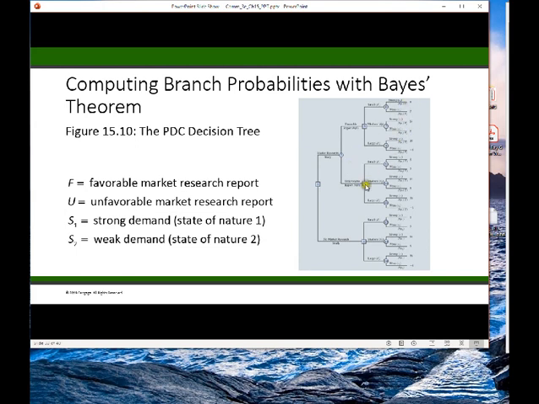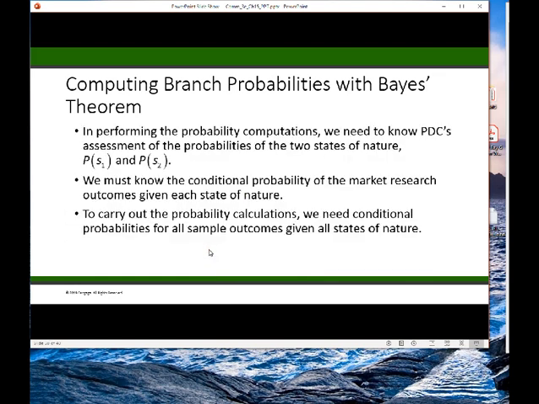And then let's go down to the bottom branch. The probability of strong demand given an unfavorable report. So these are the posterior probability equations we see, just to show you that this is how we calculated the numbers we had in those particular spots in the previous graphs.